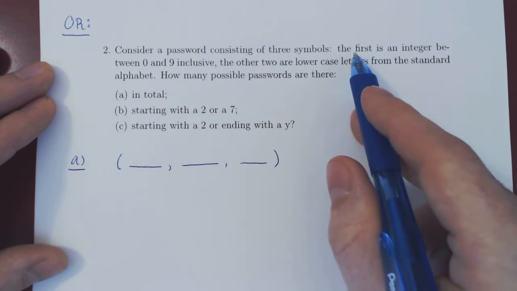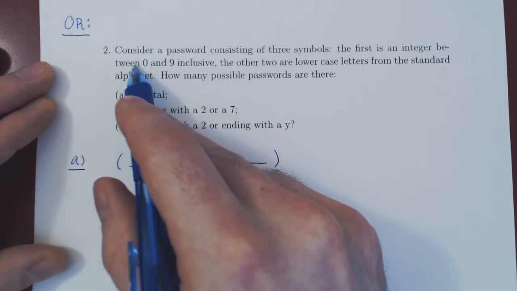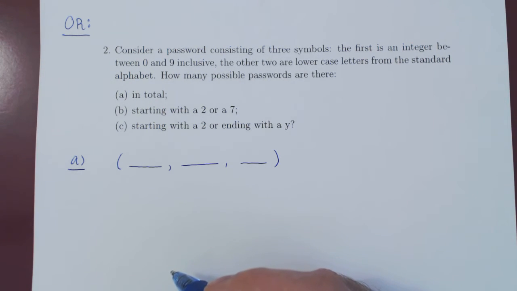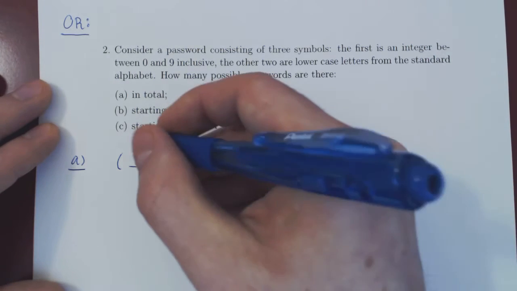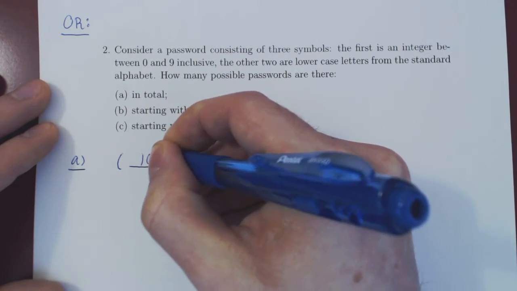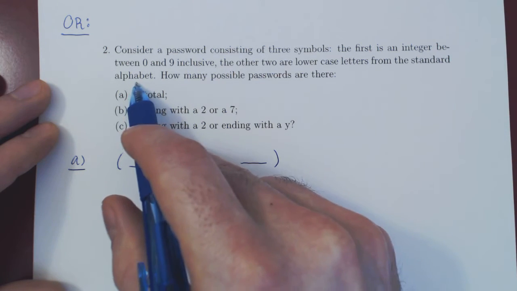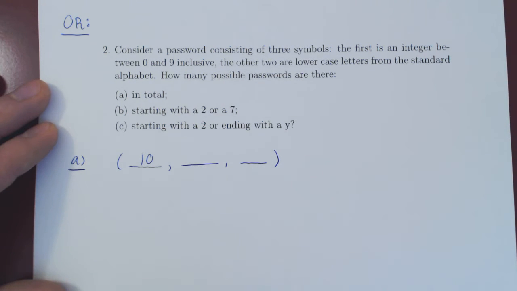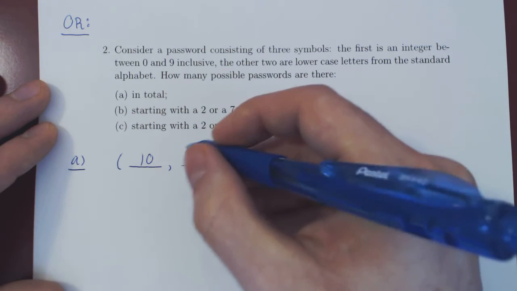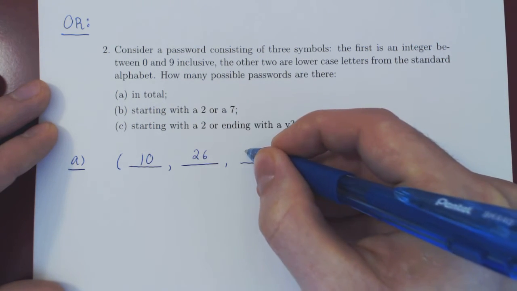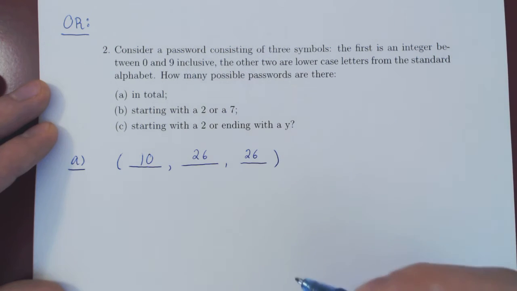Well, the first symbol is an integer between 0 and 9. As we have just said, if you count 0, 1, 2, 3 up to 9, that gives you 10 options. So we have 10 options for our first symbol. The other 2 are lowercase letters from the standard alphabet, so A through Z. That gives us 26 choices. So we have 26 choices for our second symbol, 26 choices for our third symbol.